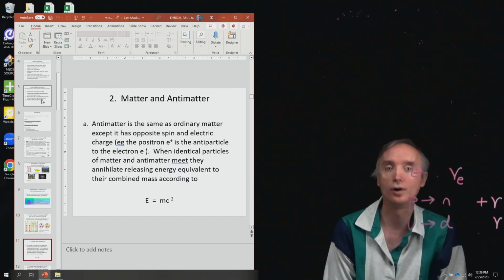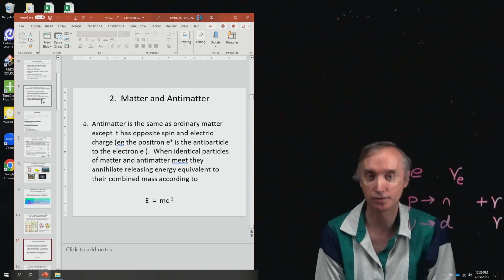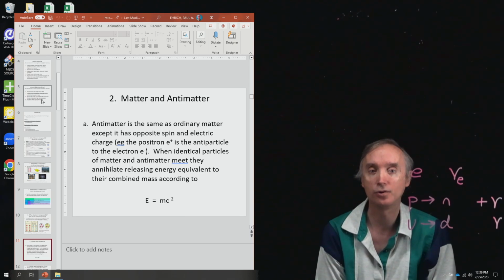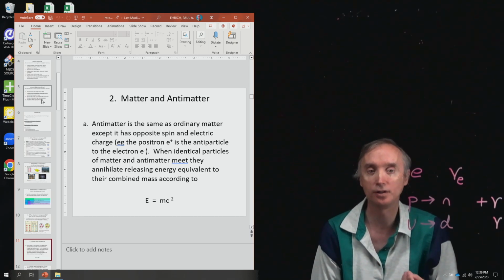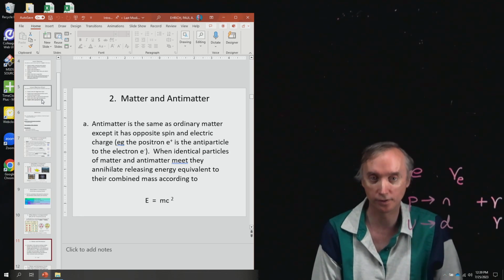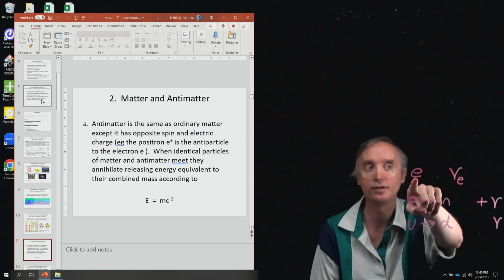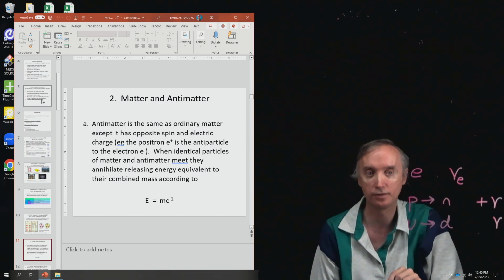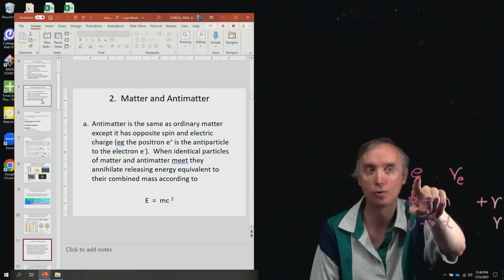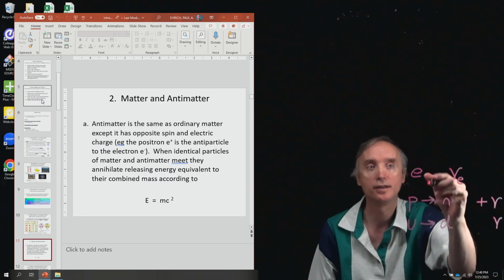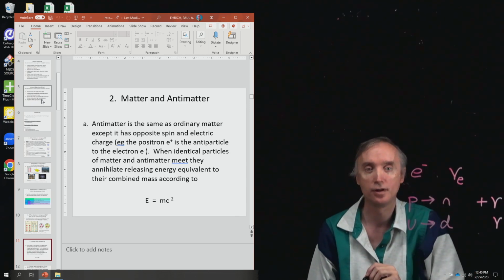Okay, you've got to know what antimatter is. Antimatter is going to look like regular matter, except it has opposite electrical charge and opposite electrical spin. For every particle, such as the electron, you have an antiparticle that goes with it. So this is an ordinary electron that has a negative charge.